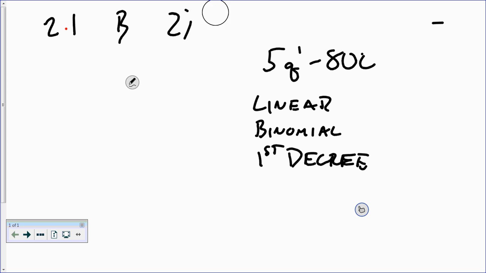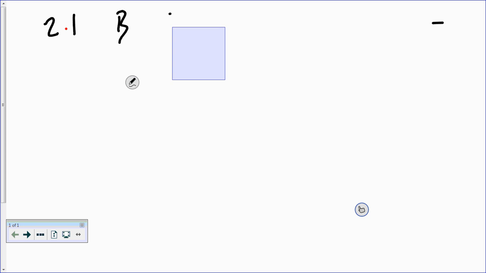All right, scooting along. Oh, number 3. Cross out one of the terms in this polynomial to make it a third degree trinomial.